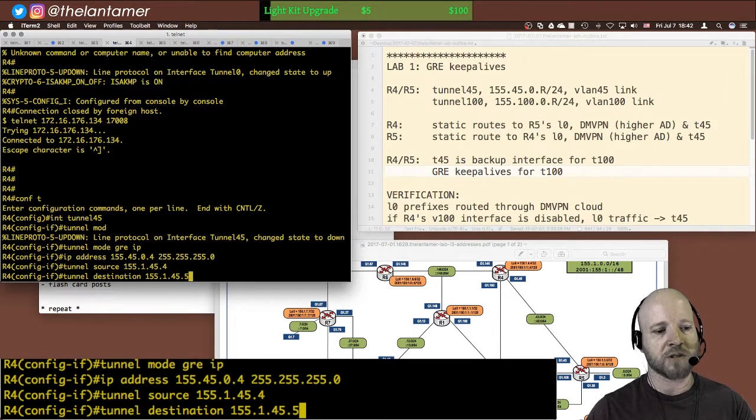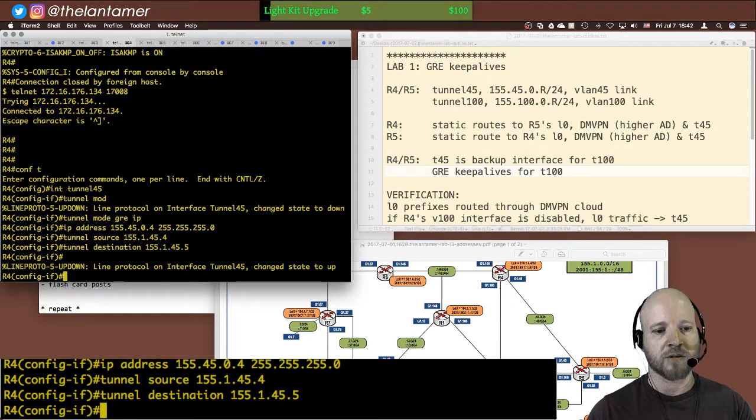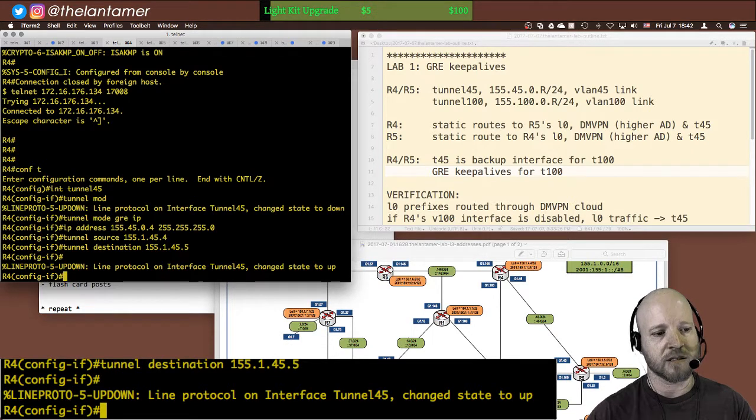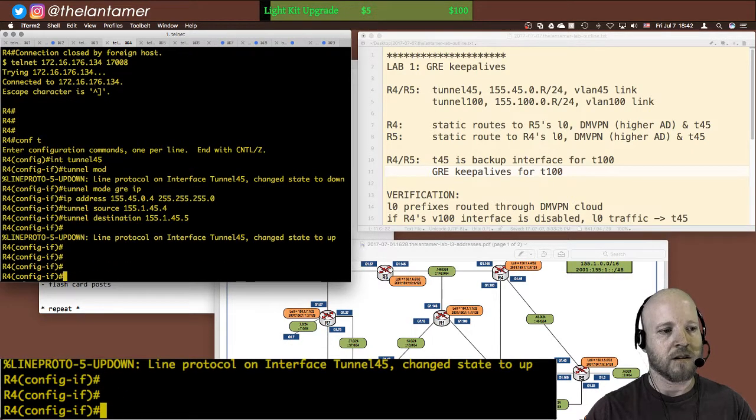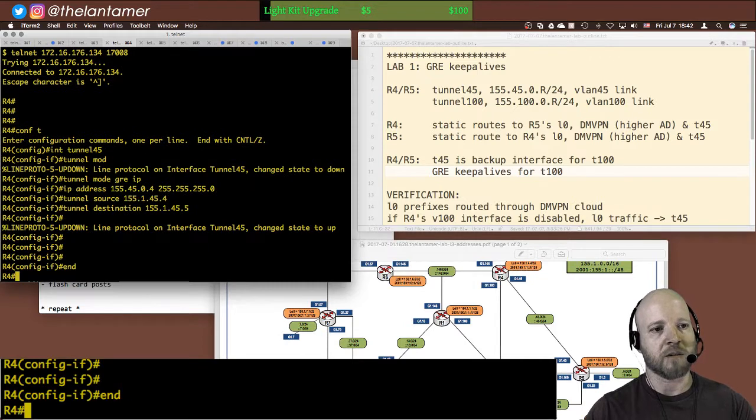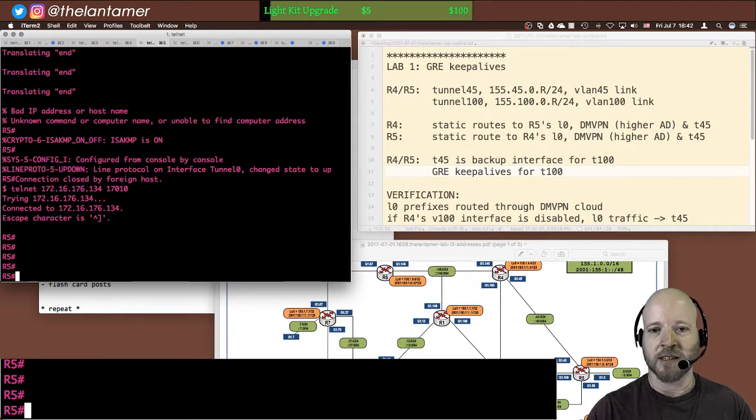That, of course, is going to be reachable, so the tunnel should come up, and it does. And I'm doing the same on 5. I should be getting into the habit of typing into my text editor first, then pasting. We'll do that on the next one.